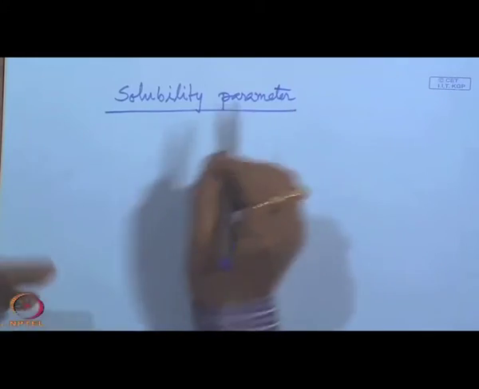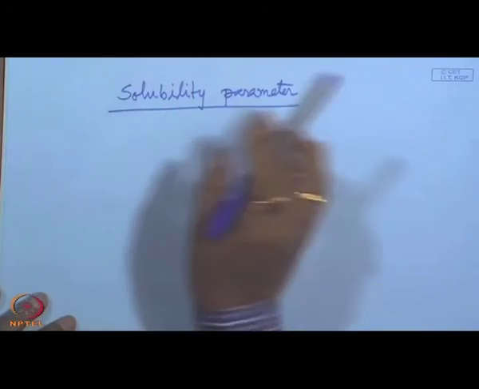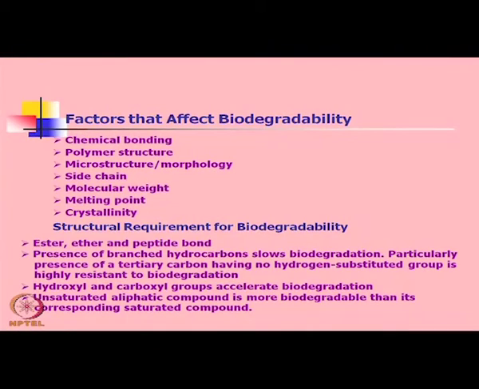So, these are all correlated. The solubility parameter can also give some hints about the effect of this chemical bonding on solubility, on the strength of the polymer and their degradability, etc.